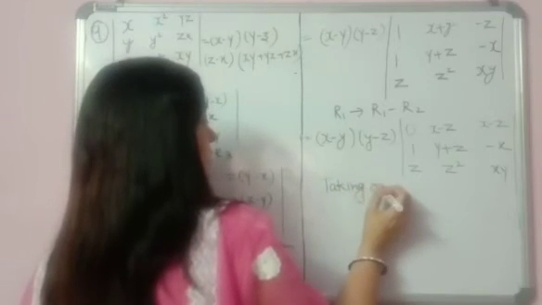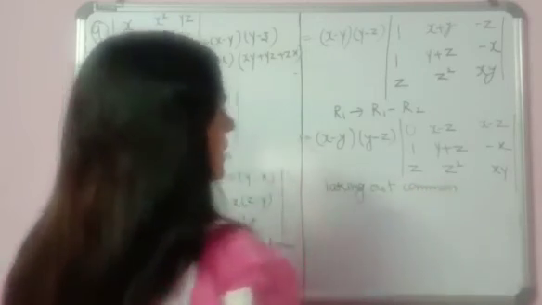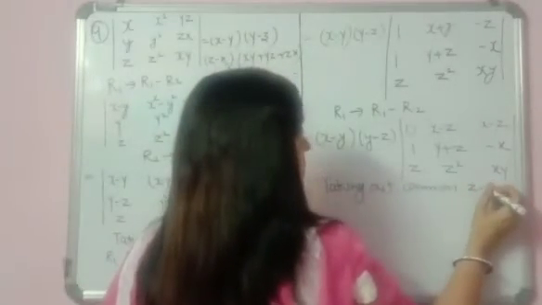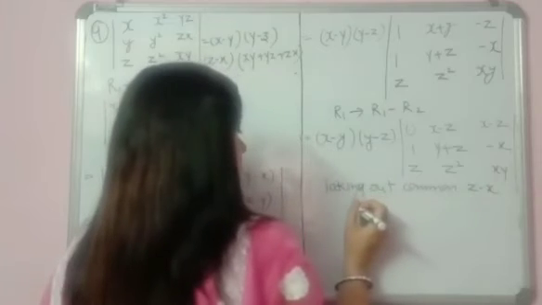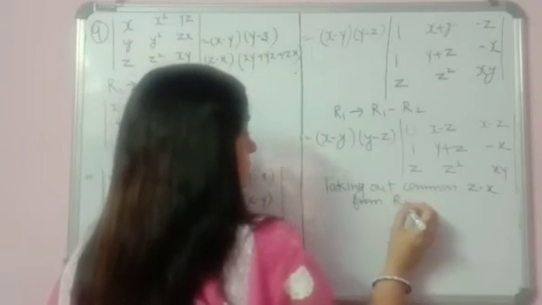So actually you want z minus x common, so take out common z minus x from R1.